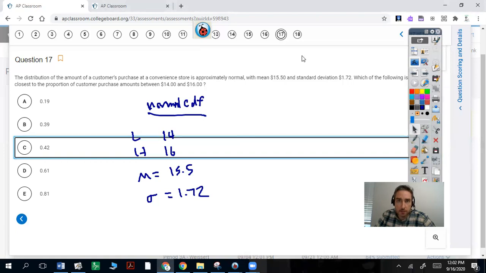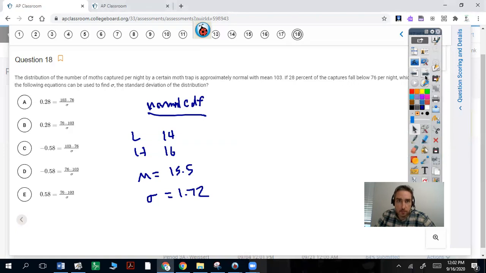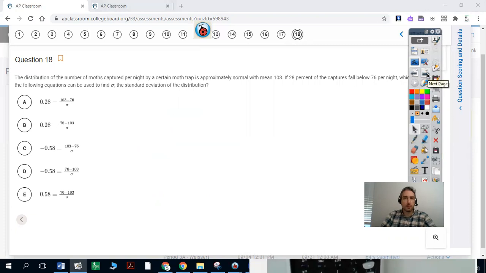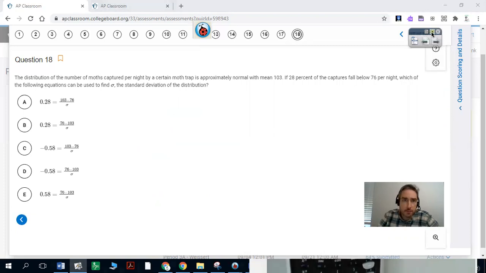And last one. This one we'll have to solve a little bit, so we'll do a little writing. The distribution of the number of moths captured per night by a certain moth trap is approximately normal with a mean of 103. If 28% of the captures fall below 76, so we don't know the standard deviation, but we know this percent is 28%. We know this is 76 right here.